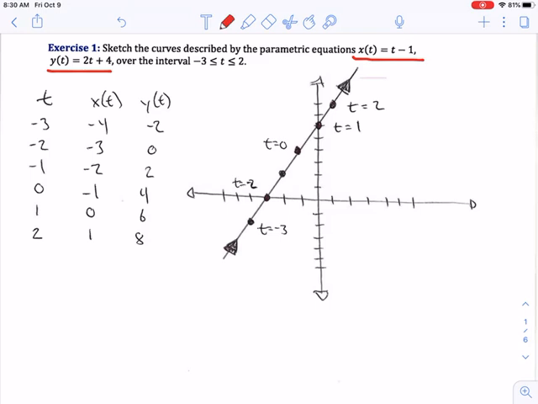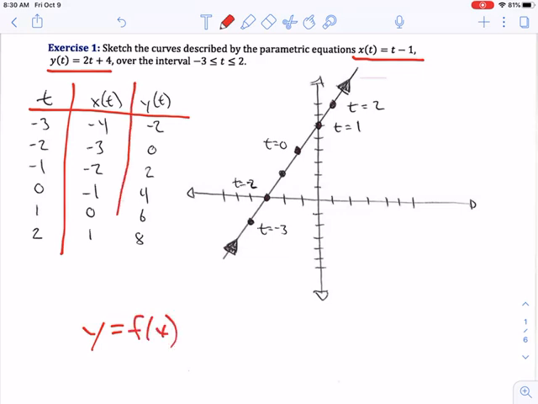So what this means is we can create a table of values just like we would if we were graphing something in the form of y equals f of x, except this time we have the t column, the x of t column, and the y of t column. In essence, we have two variables, x and y. Both are dependent on t, the parameter.